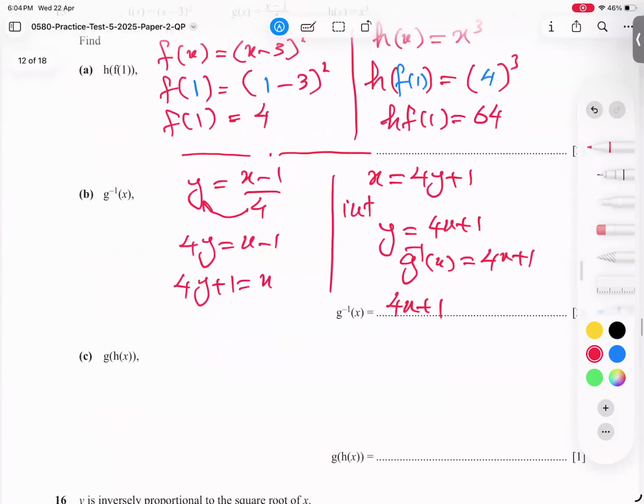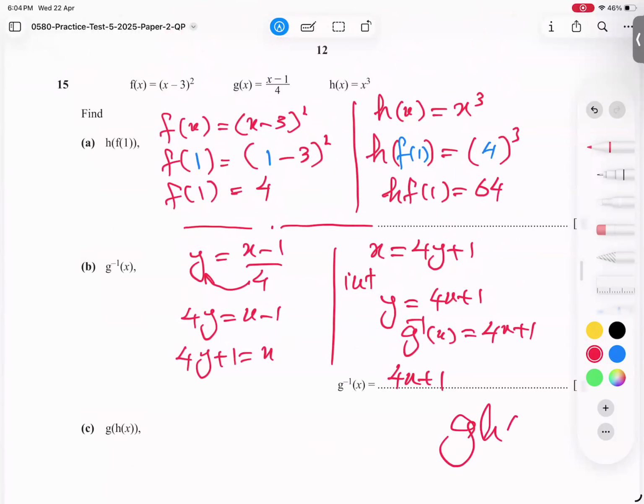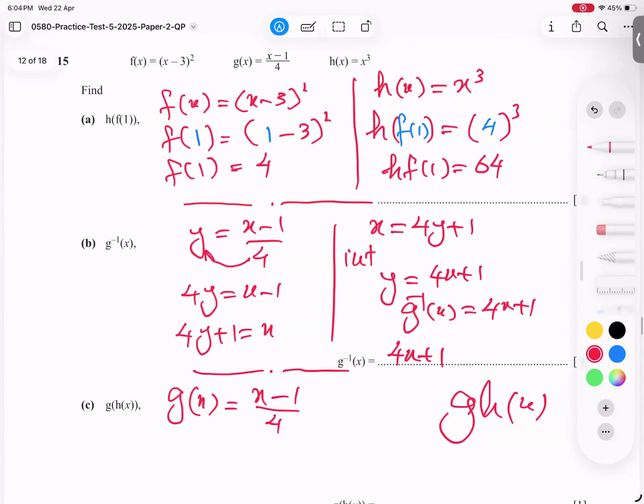Next part. So g h of x. There's no number like 1. So the full function of h will go in the g function. Okay, so I'm copying the g function first. Best practice is to copy. After copying, wherever x is, left and right, I will leave empty spaces.